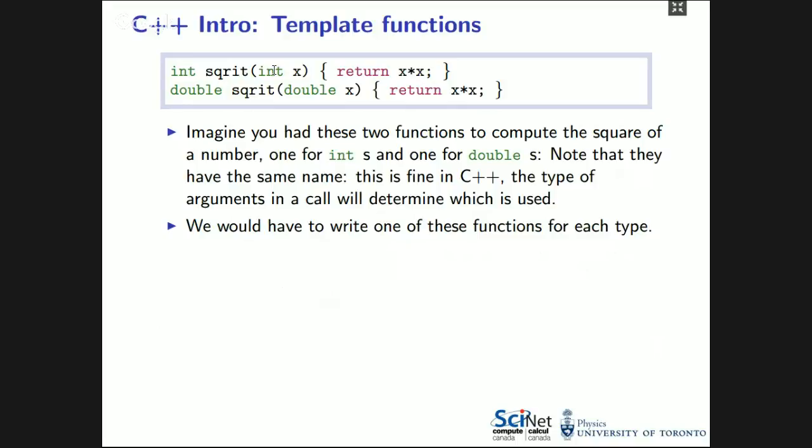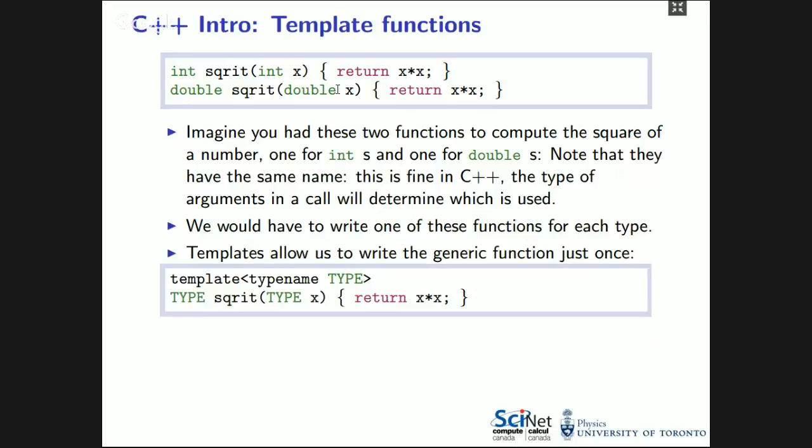I can't say this is anything. I can do this in Python. I cannot do this in C or C++. So I can do two functions. I could do that. That's fine. But then for every time I have a new type that can be squared, I have to write yet another function. And it gets tedious. I get code duplication.